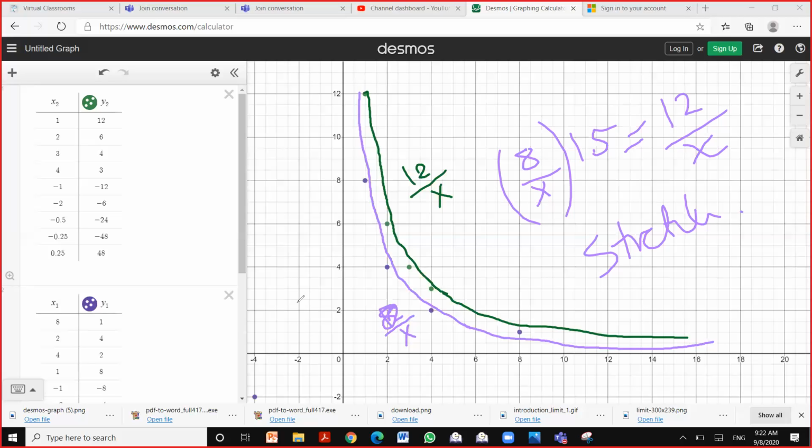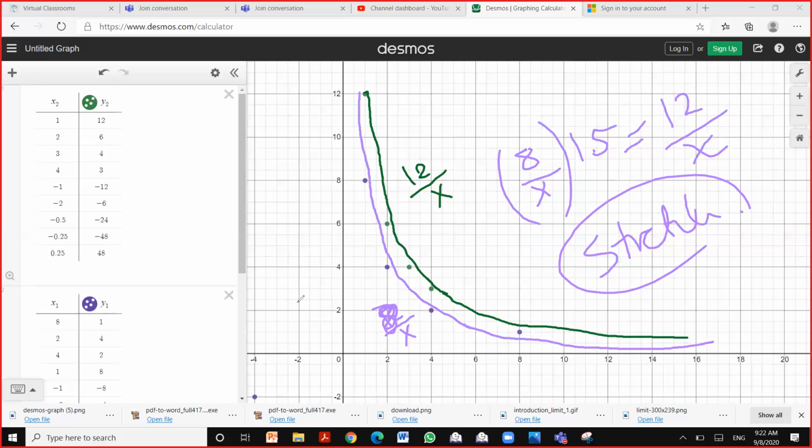There are many questions on how to tell whether it's shrink or stretch. But just here on the graph, I want you to see that if I have 8 over x and I want to draw 12 over x, since I multiply 8 over x with a factor that's greater than 1, the graph will stretch.